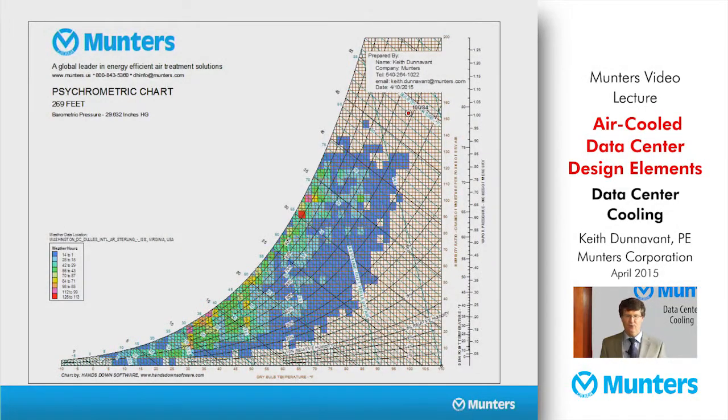Here you have, for Washington Dulles, a psychrometric chart that populates the hour-by-hour weather data in bins. This red bin is 125 to 113 hours, so you'll see that showing up. These various colors show the frequency of occurrence of ambient conditions for all 8,760 hours of the year.